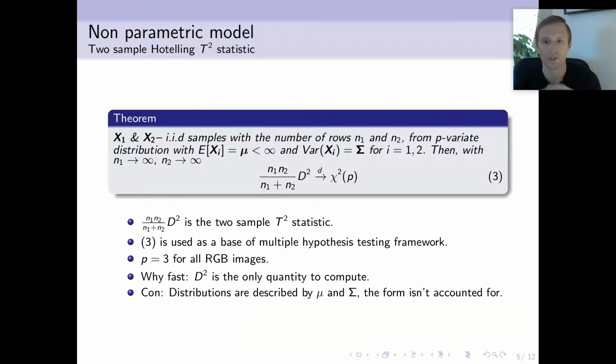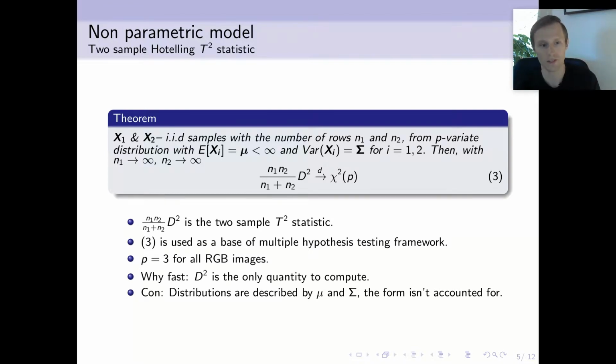Now we switch to the following theorem, which is the key result for this whole work. It says: assume that we have X1 and X2, IID samples with potentially different numbers of rows, n1 and n2.